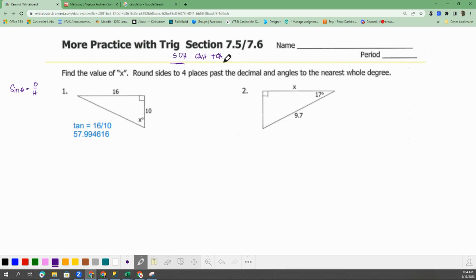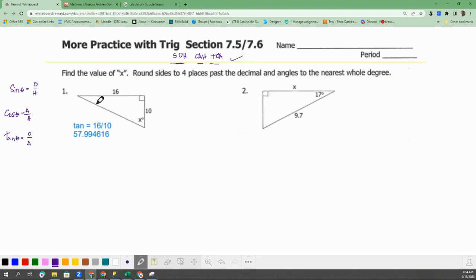And then the CAH part is the cosine of your reference angle equals adjacent over hypotenuse. And then lastly, the TOA part is tangent of your reference angle equals opposite over adjacent. So if you have not memorized it yet, then you can use that if you want to.